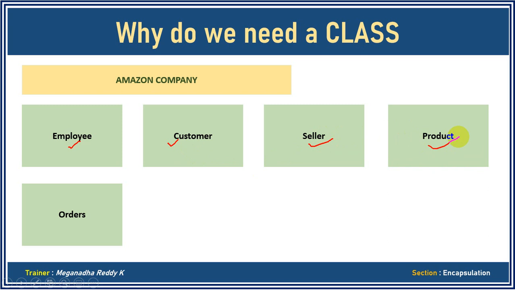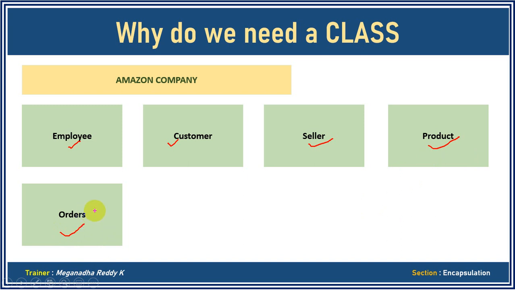We'll also have products. Products will have product ID, product name, product price, product size, product color, product model. That is all the data, and the methods that deal with the product are add product, edit product, etc. Order will have order ID, a list of products in the order, and place an order, edit an order, delete an order.